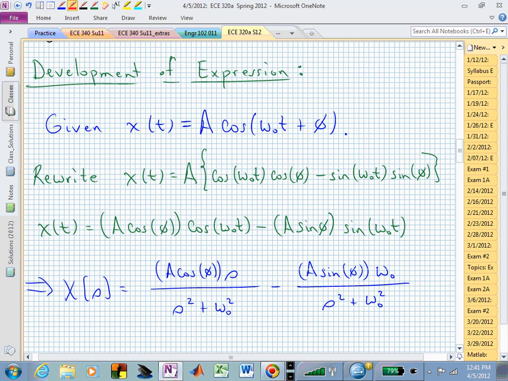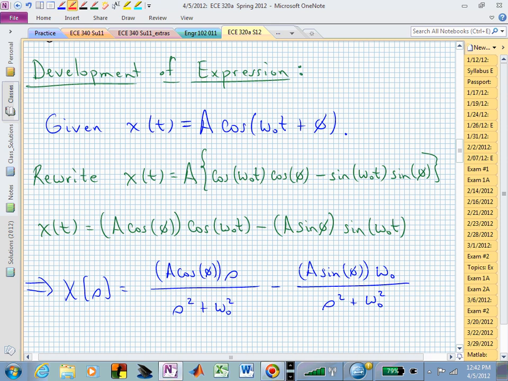Assuming x is this cosine waveform, we are going to expand that using the trigonometric relationship for the cosine of the sum of two angles. And we can then identify some weights or coefficients associated with the cosine term and a weighting on the sine term. And now we know how to transform cosine and sine.